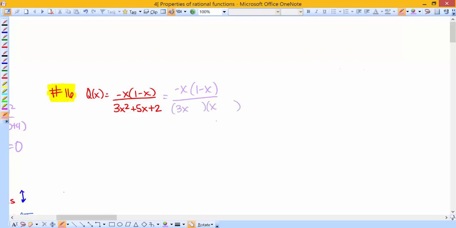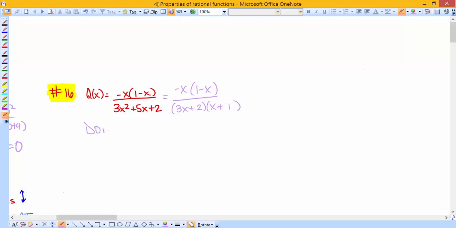When I break apart 3x squared, and then 2 is 2 and 1. But I need to place them, so I get a 5. So 2 and 1. And nothing is going to cancel here. So I'm not going to have to worry about that. I could just jump right into domain, vertical asymptotes, and x and y intercepts.